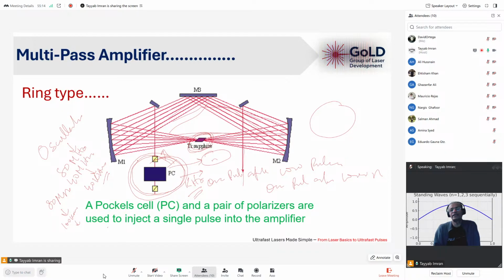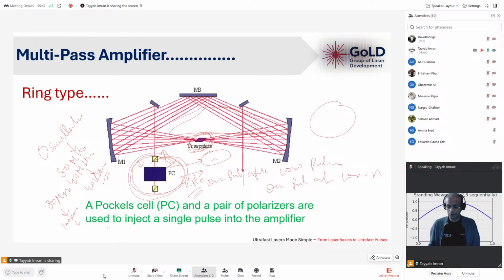So this Pockels cell actually selects the pulses, and then these pulses are amplified, and after the amplification we have a repetition rate like 1 kilohertz, 10 kilohertz, or whatever. It depends on our Pockels cell adjustment, but it cannot be megahertz. In some cases, but not in this kind of configuration.